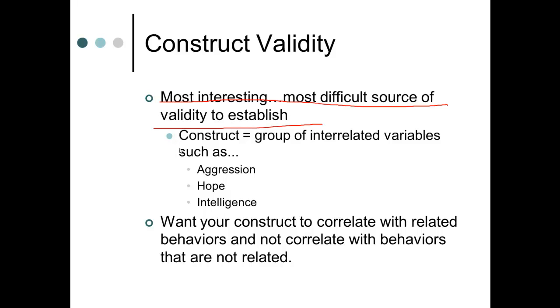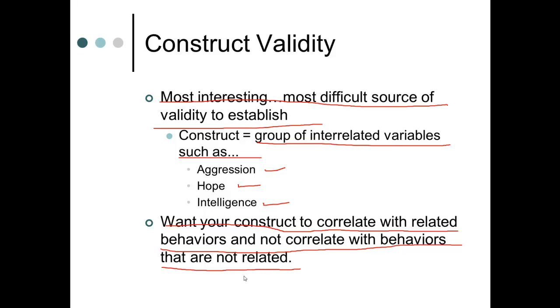All right, construct validity is a group of interrelated variables such as aggression, hope, intelligence, and you want your construct to correlate with related behaviors and not correlate with behaviors that are not related. Now, this is a little bit different and a little bit more difficult to get a handle on.